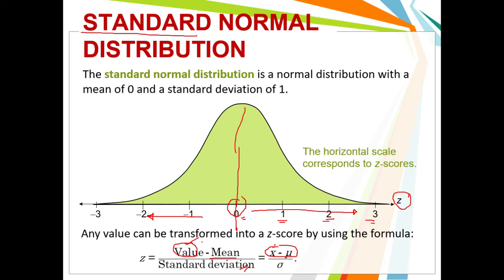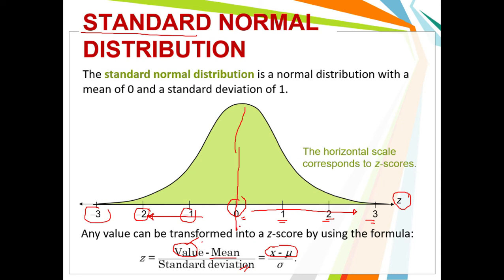So, kung greater than the mean, magiging positive na z-scores naman sila. Going left, these are values na less than the mean. So, that's why magiging negative because the value is less than the mean, so magiging negative yung result.